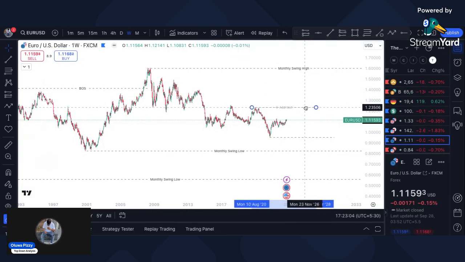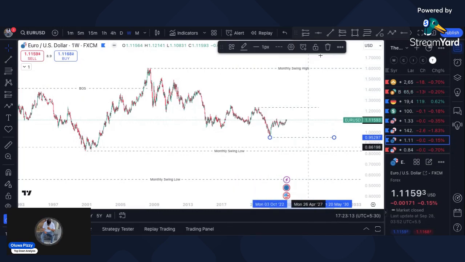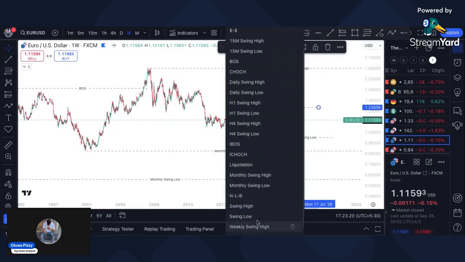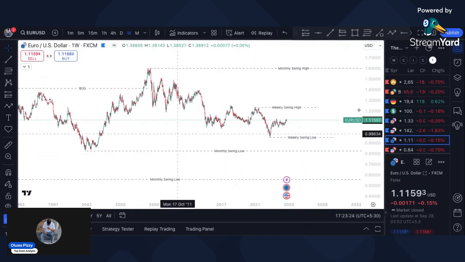Hope you guys are following. We are breaking it down from the higher time frame to the lower time frame. So I will label this as my weekly low, and this as my weekly high. I hope you guys are following. So anything we're going to do right now is from this weekly high to this weekly low.